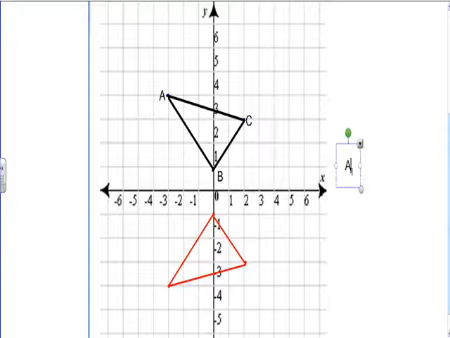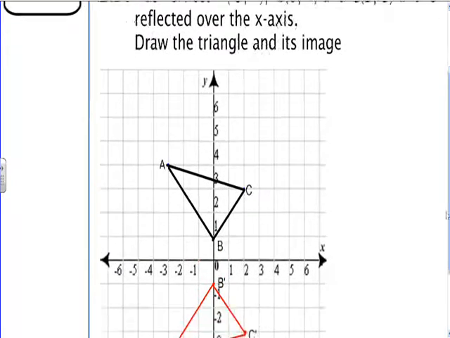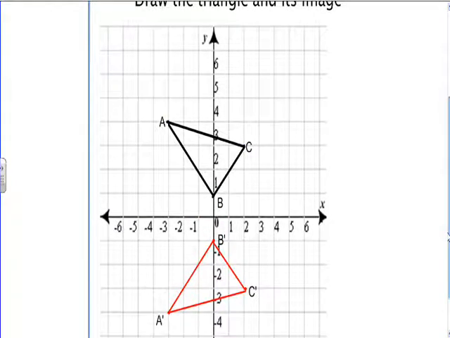We've got one more thing to do though. We need to label our points: A prime, B prime, and C prime, so we know that those are the transformed points. So that's one of the things that we need to be able to do: reflect a triangle or another figure over the x-axis, or maybe even over the y-axis, which we'll do next.